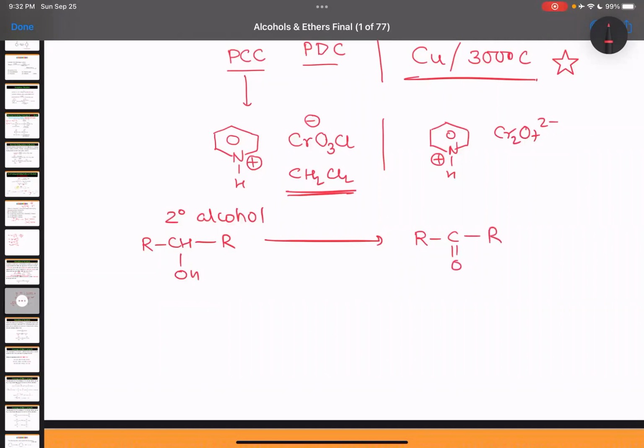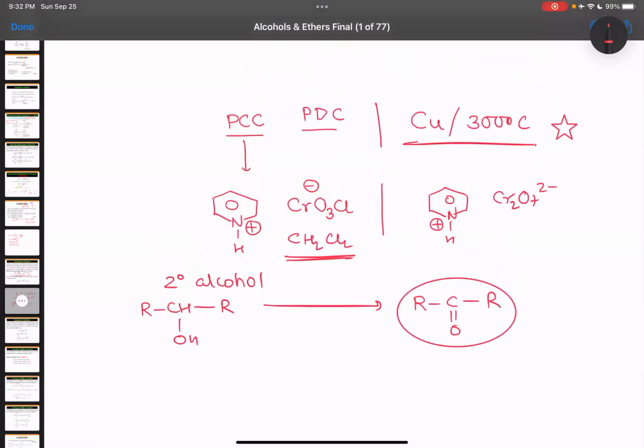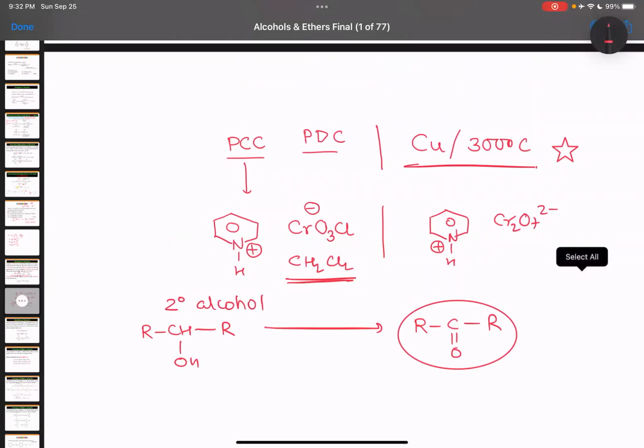Because ketones actually do not get oxidized easily. Further oxidation of ketones is difficult. Okay, this is useful in the upcoming chapter of aldehydes and ketones also.